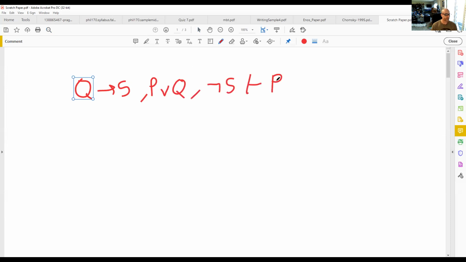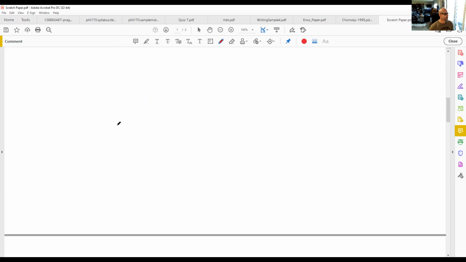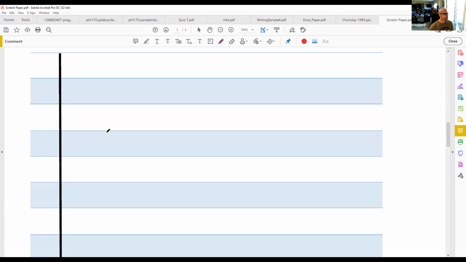For this section of the exam, all you need to do is carry out this derivation. You're being told that this argument is valid, and you just need to carry out a derivation or a proof. Okay, so let's go ahead and do the proof together.